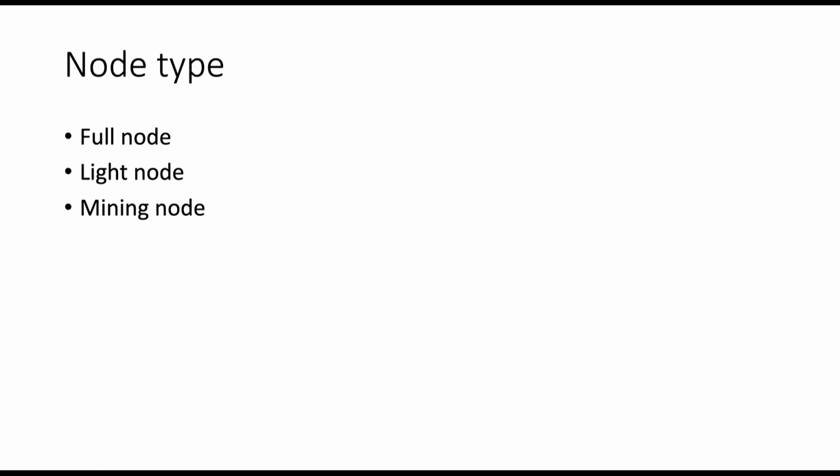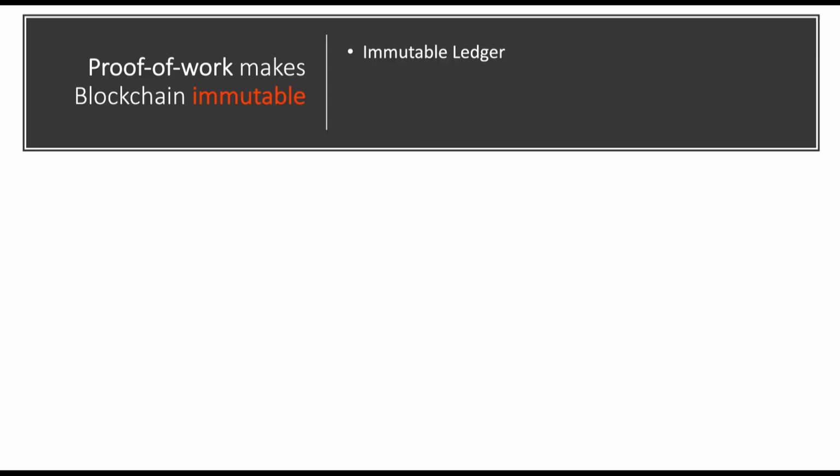Full nodes and light nodes share similar responsibility: they hold and further secure data on the blockchain network. Mining nodes are associated with the creation of new blocks on the blockchain, which is mining. The peer-to-peer network gives users great control over their information, right?